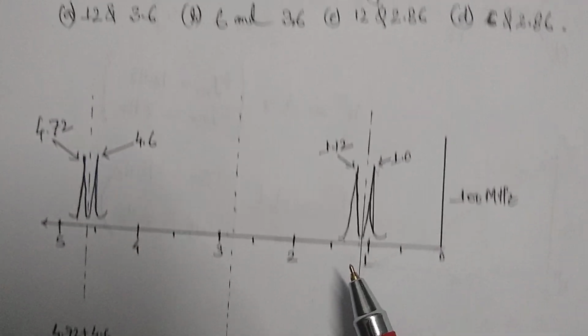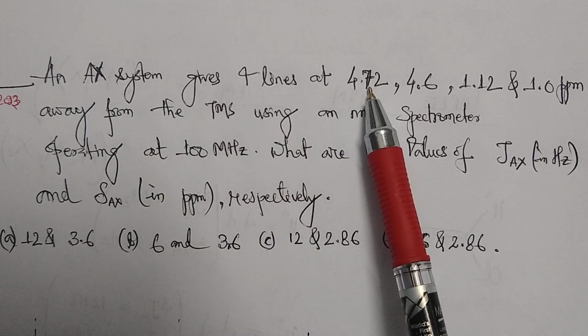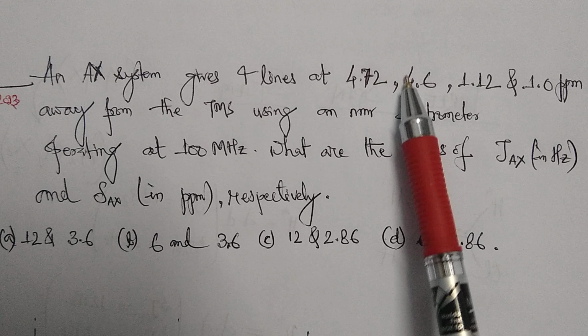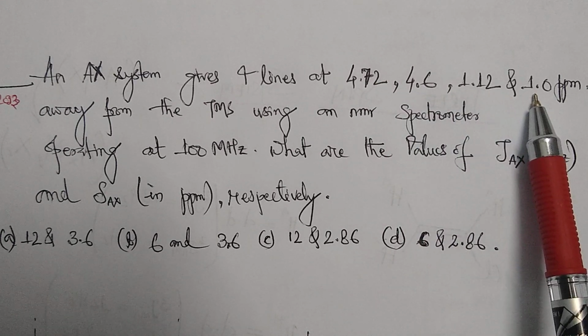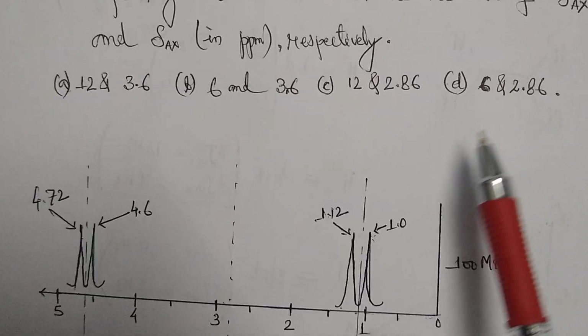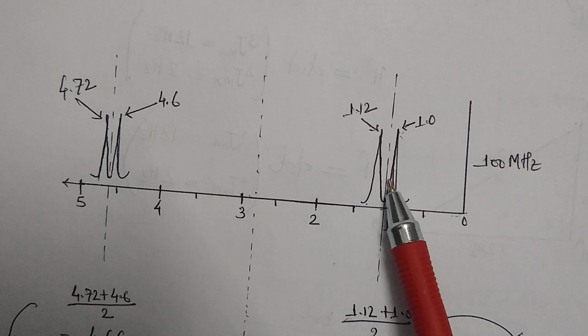Now here they have given 4.72 and 4.6, one doublet, and another one at 1.12 and 1.10 ppm, one doublet here. So those two doublets we can represent in the NMR spectrum like this.